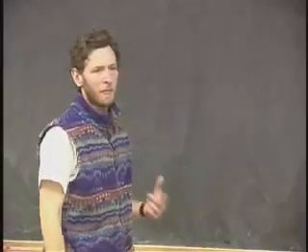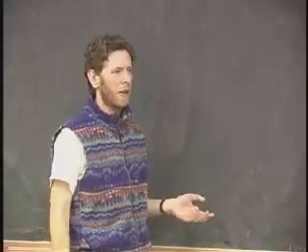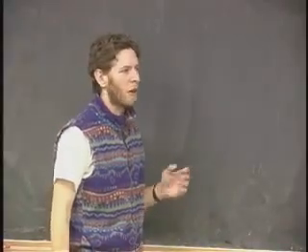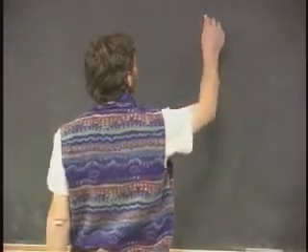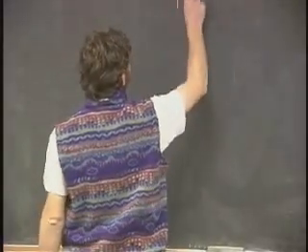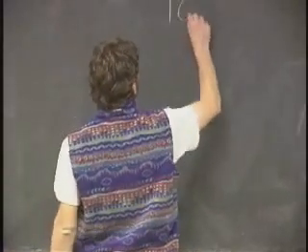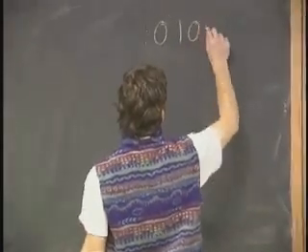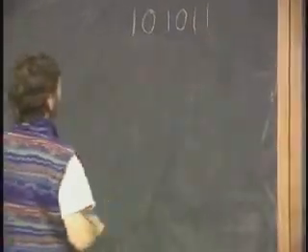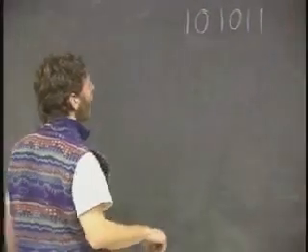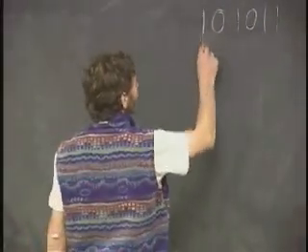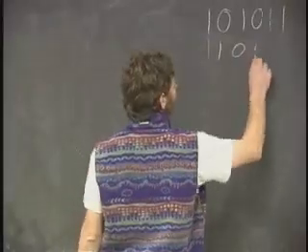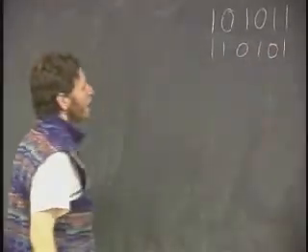Do you guys all know about binary numbers? Okay. So let's suppose we have two binary numbers. Let's see, 40. That's my age. And that's some other binary number.